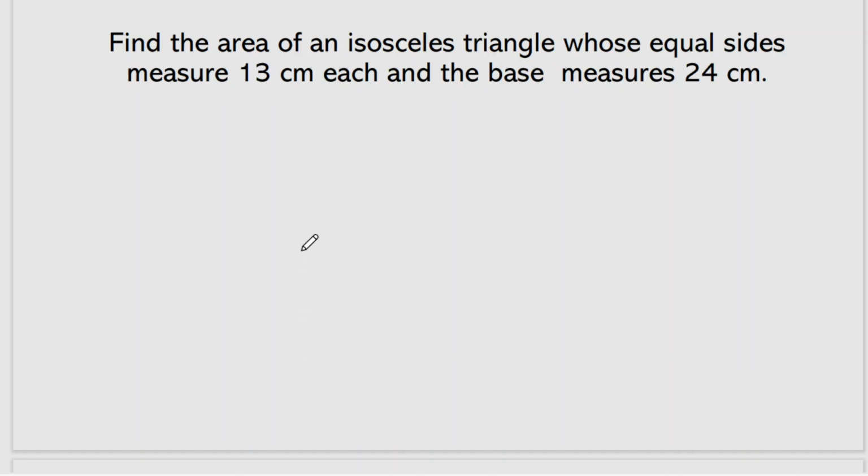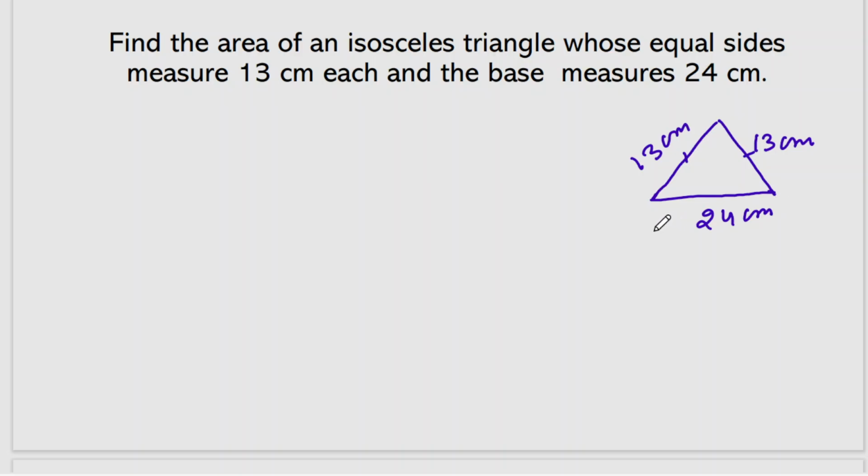Find the area of an isosceles triangle whose equal sides measure 13 centimeter each and the base measures 24 centimeter. So let me draw a triangle whose sides are given as 13 centimeter. That means these two sides are equal and the base is given as 24 centimeter.